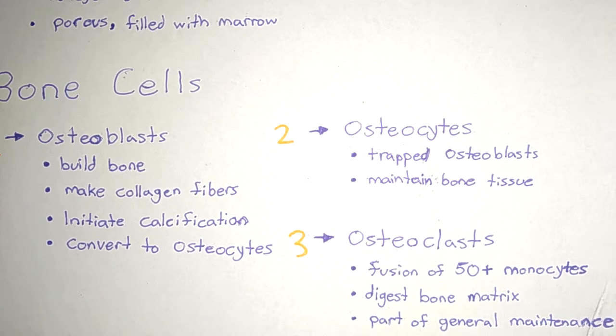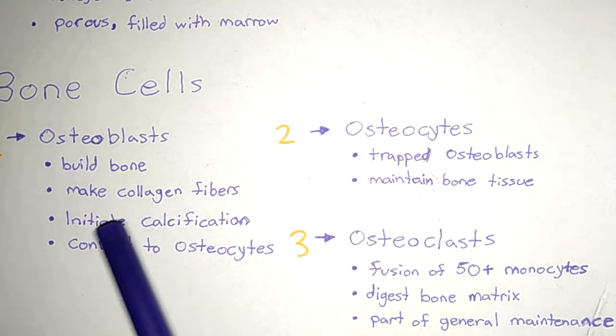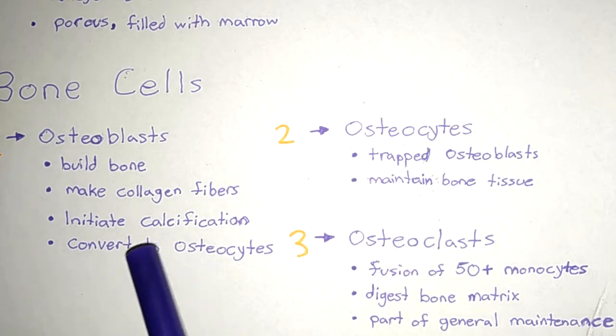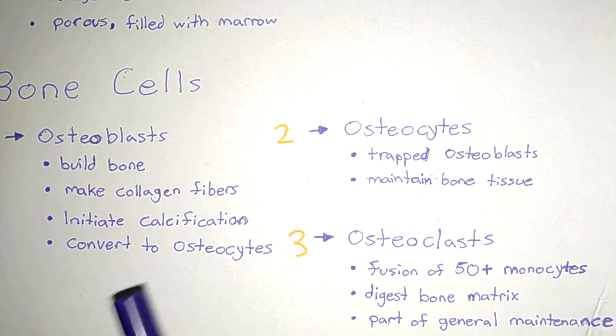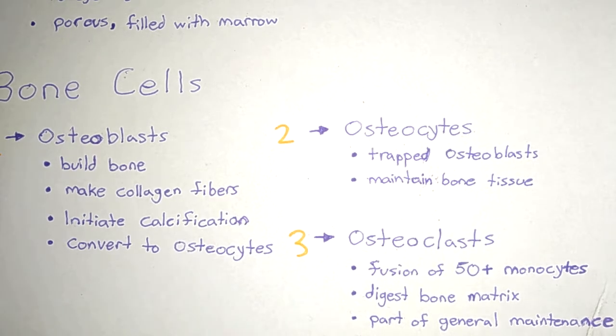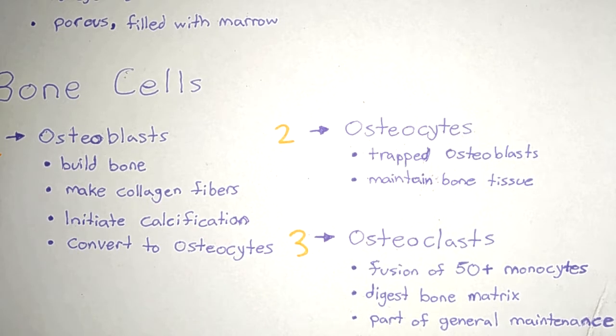Once the collagen fibers are filled in, it's like reinforced concrete. The calciums are going to be like a concrete mix that holds the entire bone together. And calcification, as we'll see later, forms calcium phosphate or calcium hydroxide. These are ceramics, which makes them very tough and strong.